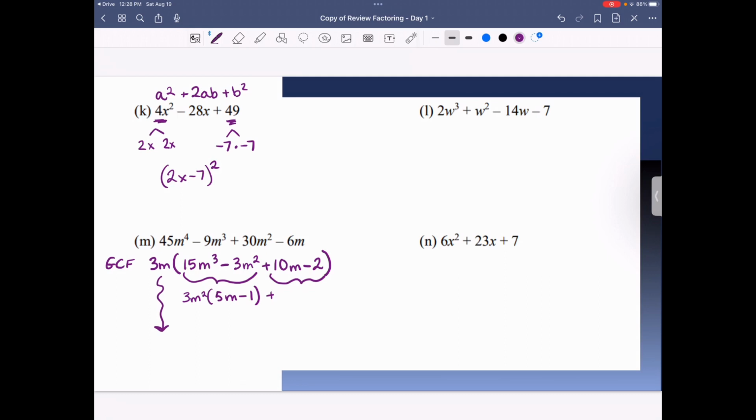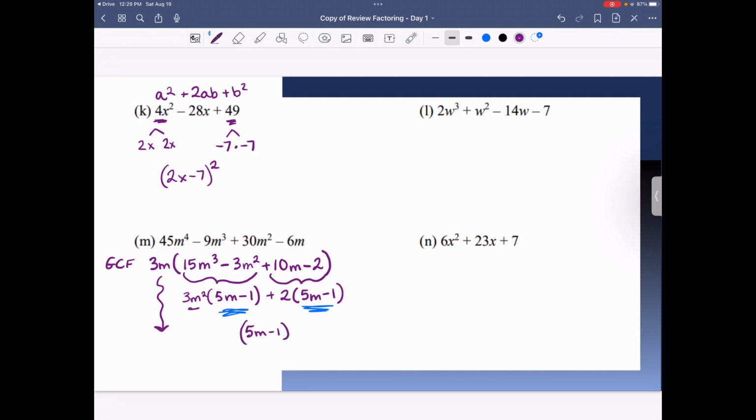Plus 10 and 2. So I can divide those both by 2. So I get 2 on the outside. 10 divided by 2 is 5m. Minus 2 divided by 2 is 1. Now what you notice is these two expressions are the same, and they're going to go together in a pair of parentheses.